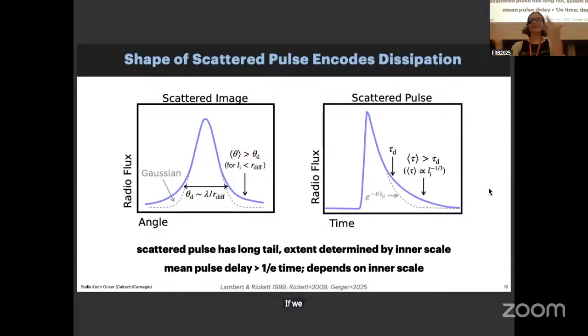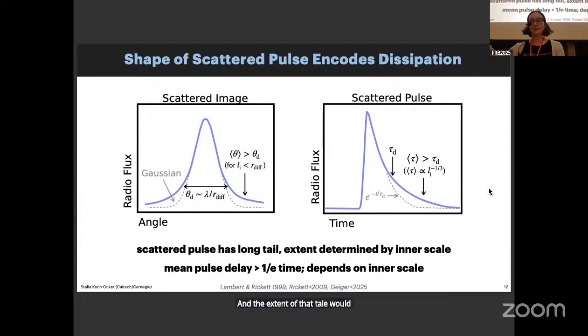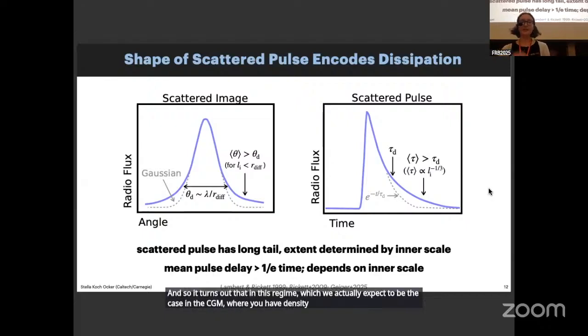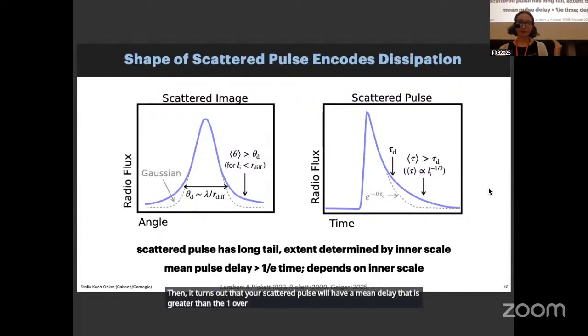If we translate this to the shape of the scattered pulse, then instead of seeing an exponential scattered pulse, we would see a pulse with a very extended scattered tail, and the extent of that tail would depend on the inner scale. In this regime, which we actually expect to be the case in the CGM, where you have density fluctuations below spatial scales equivalent to the diffractive scale, your scattered pulse will have a mean delay that is greater than the 1/e time that's commonly measured.